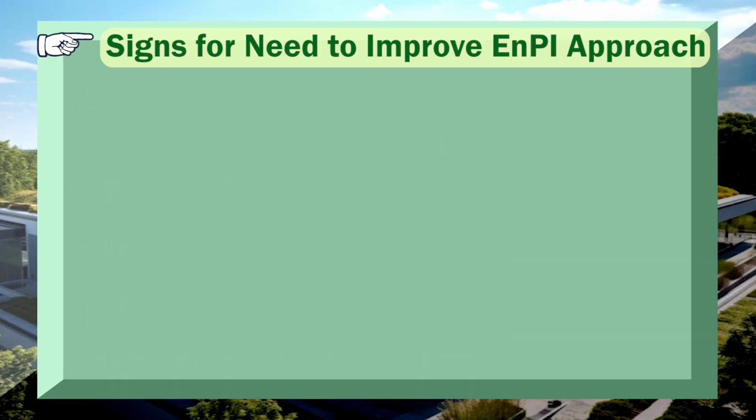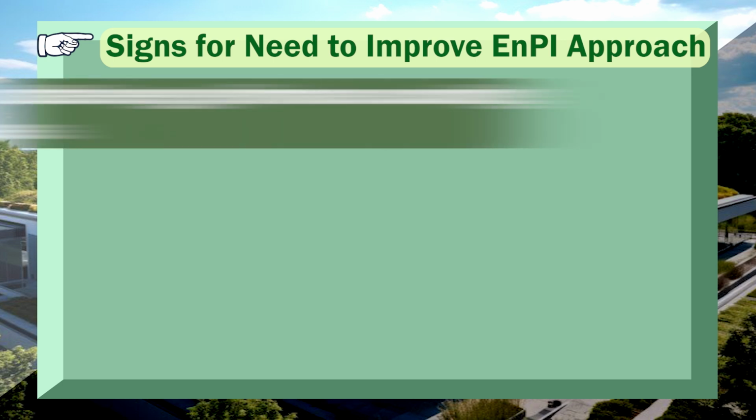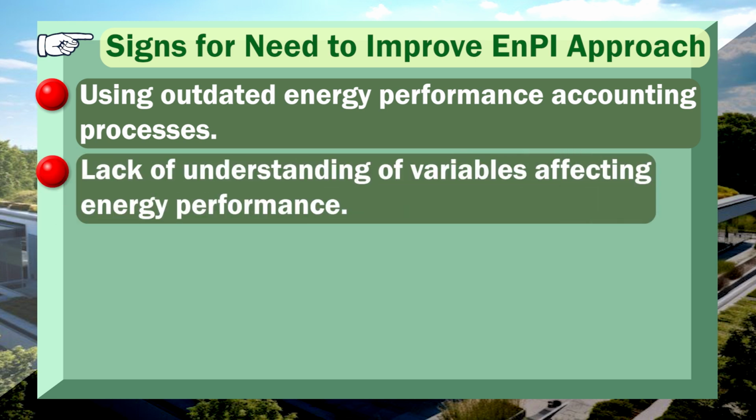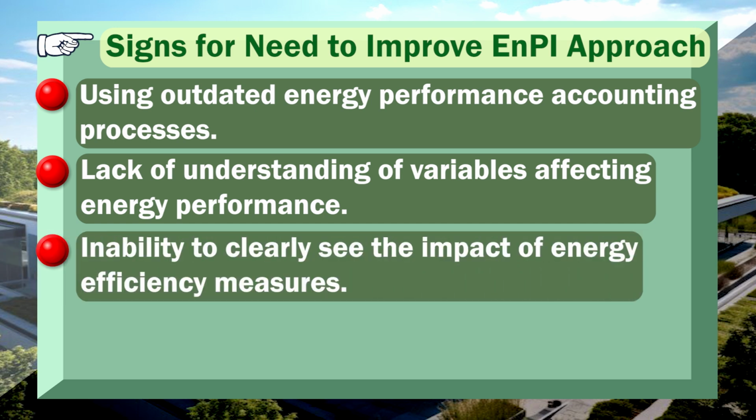Signs that you need to improve your EnPI approach. How can you tell if your EnPI approach needs improvements? Here are some signs. Your energy performance accounting process hasn't been updated in years. You are unsure which variables affect your plant's or building's energy performance. You cannot clearly see the impact of your energy efficiency measures.